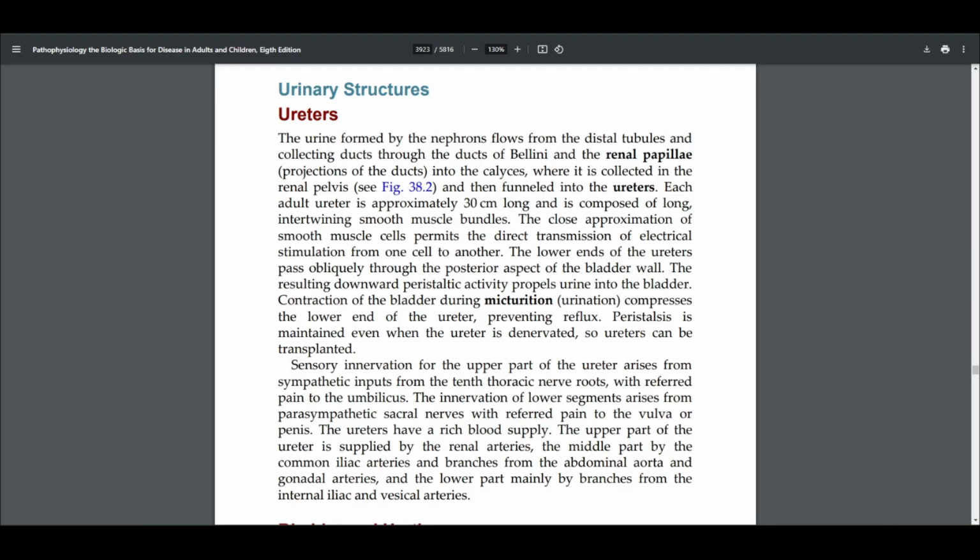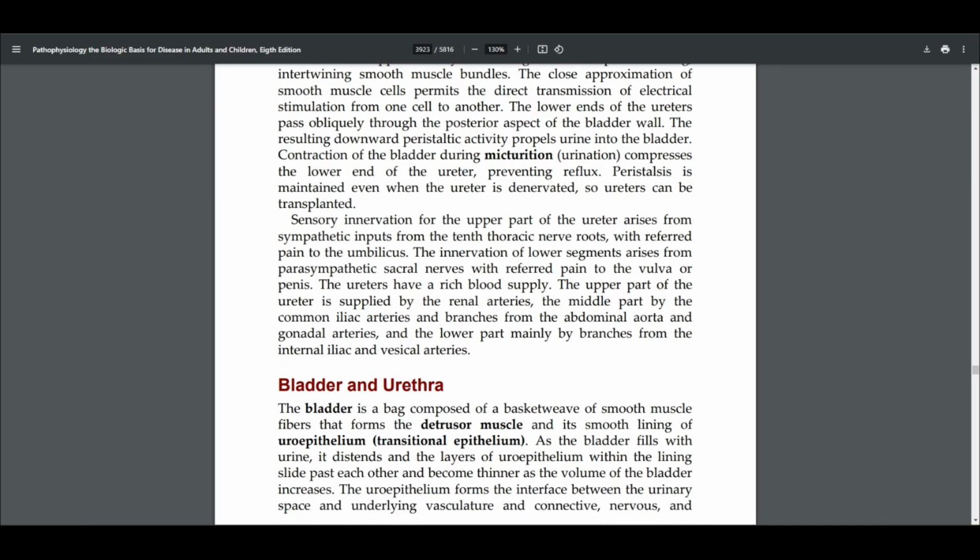The resulting downward peristaltic activity propels urine into the bladder. Contraction of the bladder during micturition or urination compresses the lower end of the ureter, preventing reflux. Peristalsis is maintained even when the ureter is denervated, so ureters can be transplanted.